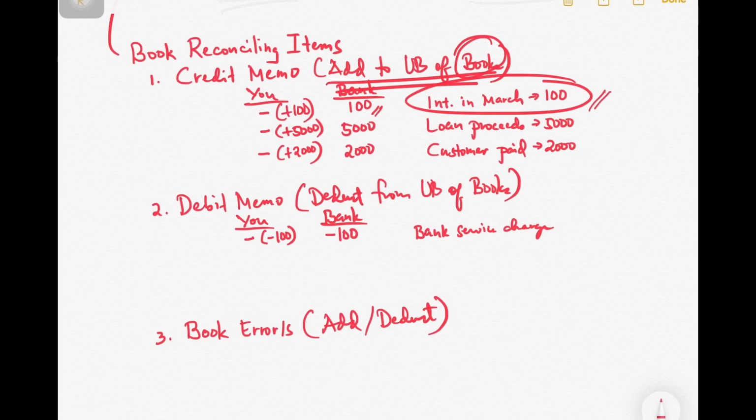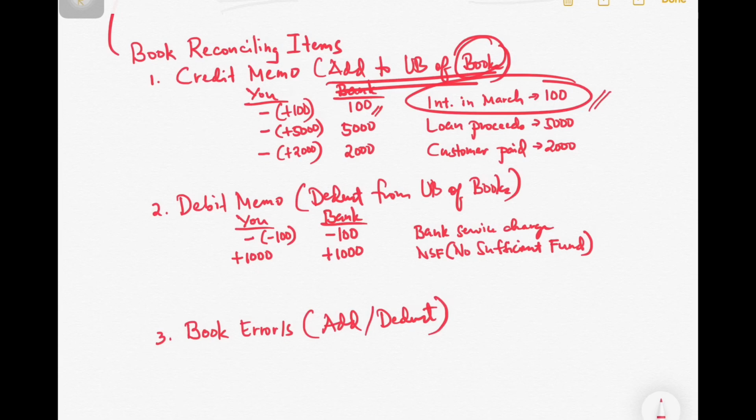Another example is called NSF. NSF is no sufficient fund. And this is the story. Let's say you made a deposit with the bank, 1,000 pesos. It was cleared, 1,000. And then, later on, the bank discovered that the balance of the original issuer of the check is not sufficient to pay 1,000.